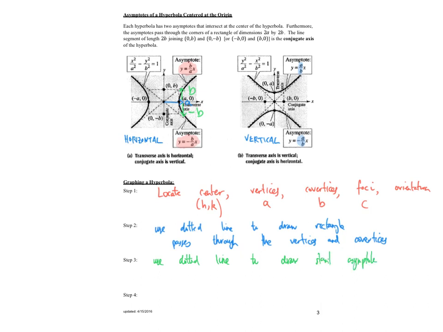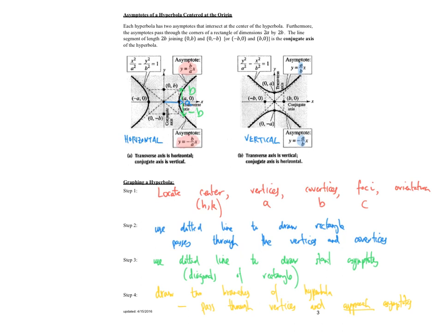And remember, those form the diagonals of the rectangle. Finally, you're going to draw the two branches of your hyperbola. You're going to make sure that you pass through the vertices and approach the asymptotes.